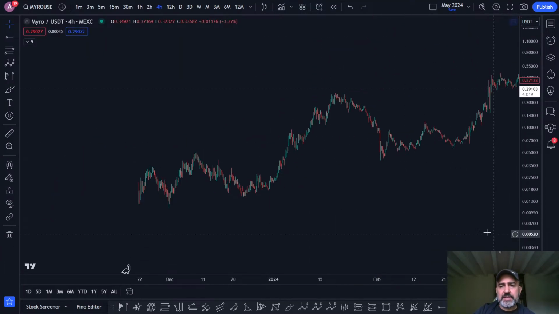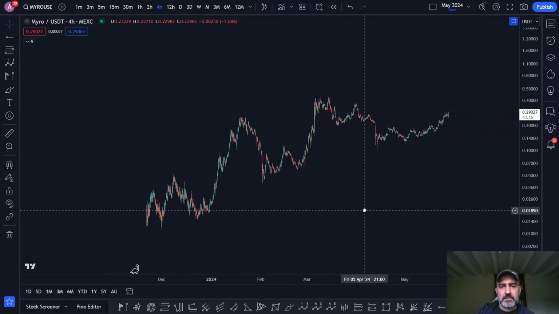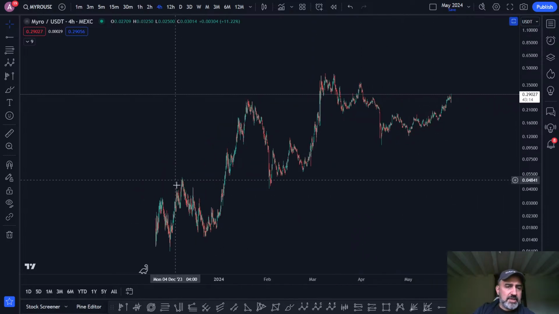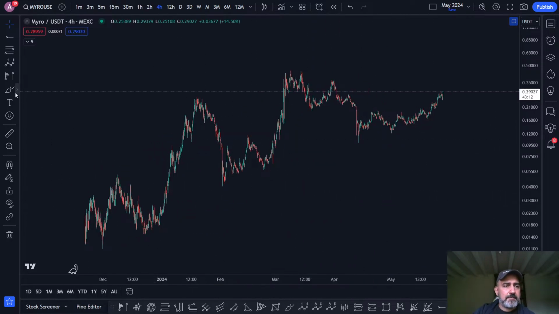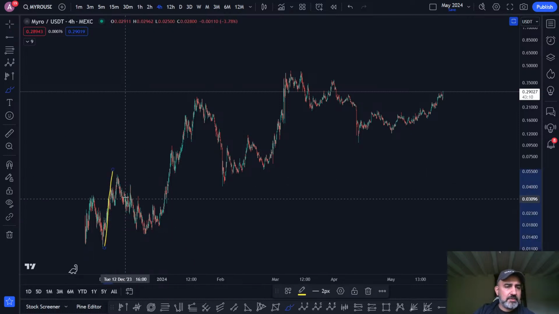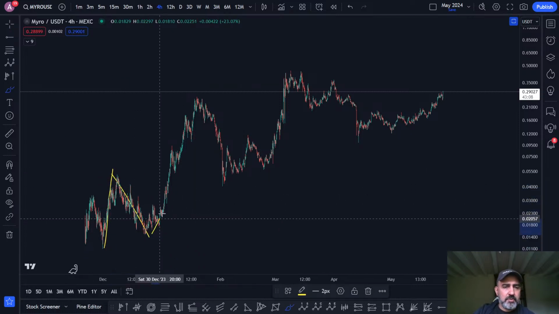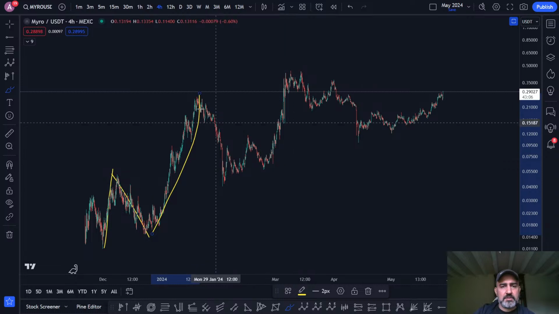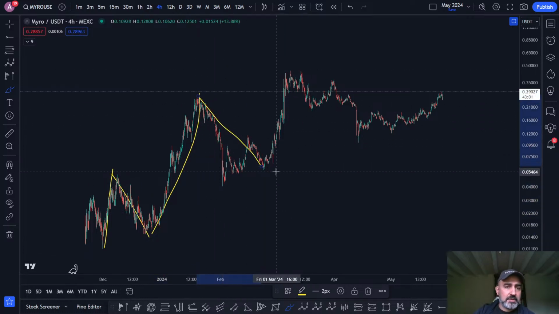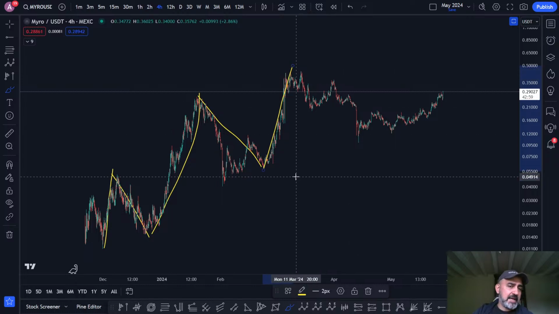And so when you're looking at this, you can kind of see 5 waves, can't you? Look at that. Wave 1, wave 2, wave 3, some sort of wave 4 here, and then you have a wave 5. You see that?